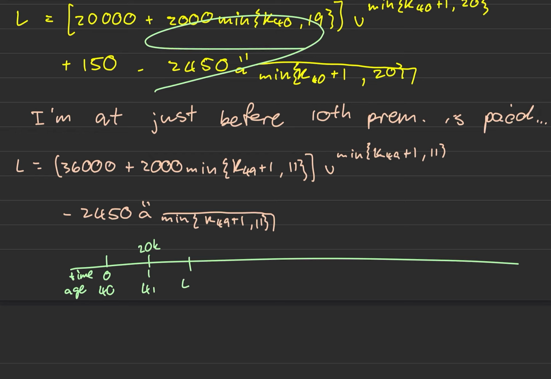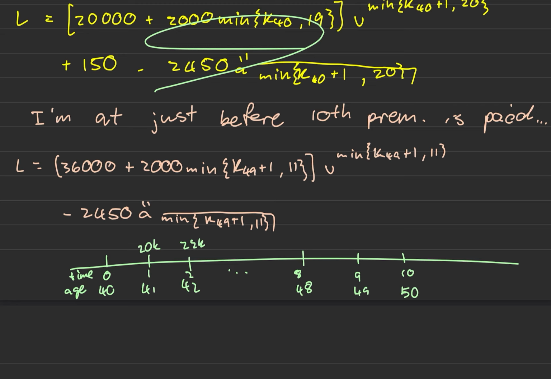And then if they die aged 41, they get paid out at time 2, and the payment is 22,000, and that goes on. But now I'm sitting at time 9. Okay, so at time 9 is just before the 10th premium that occurs right over there.